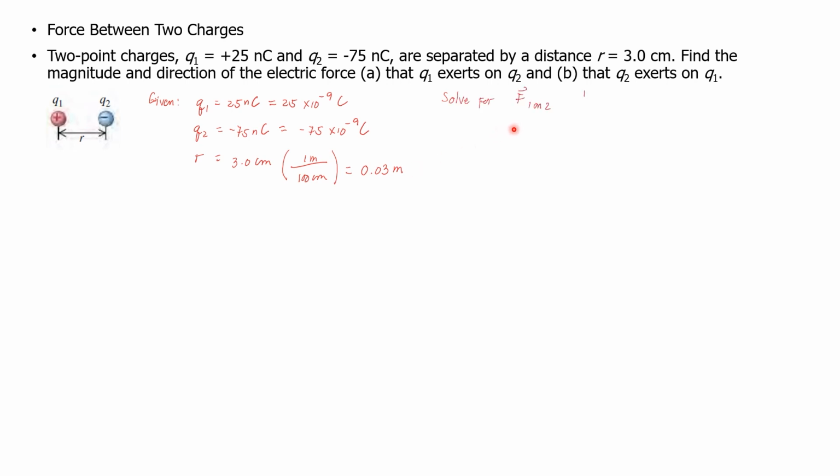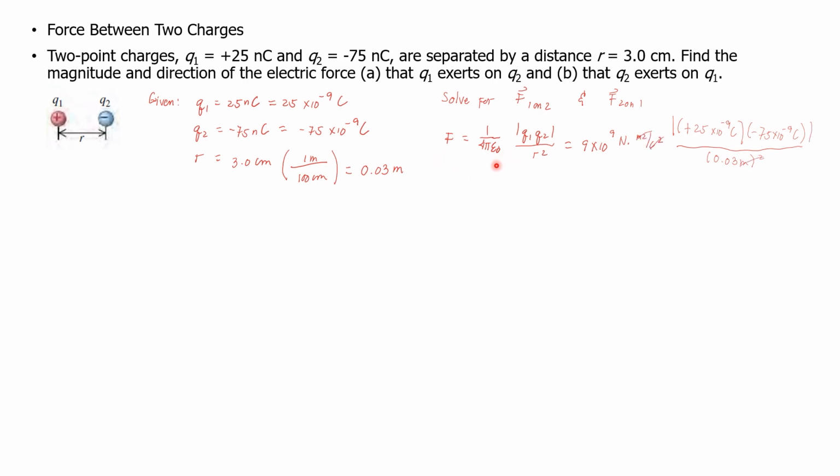We need to solve for the force of charge 1 on charge 2 and the force of charge 2 exerted on Q1. So force is given by 1 over 4 pi epsilon naught, times the absolute value of Q1 times Q2, over r squared, and the absolute value bars here mean that we are calculating the magnitude of the force.